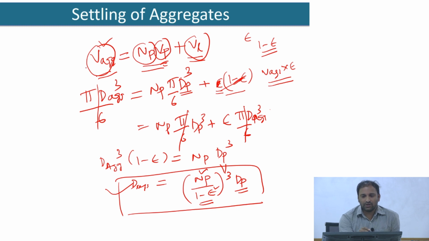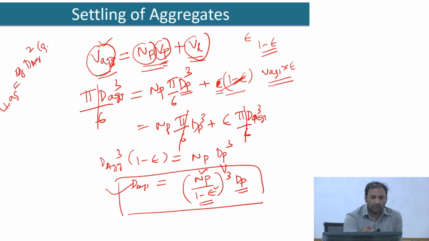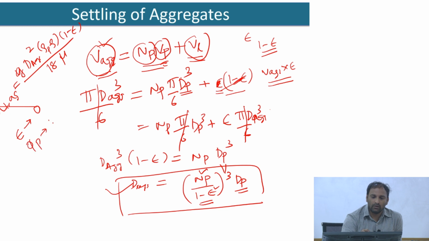Let's think about the limiting case. We just said that UT aggregate goes as g d aggregate squared into rho p minus rho into 1 minus epsilon divided by 18 mu, right. Now, what can you say about the limiting case of epsilon going to 0, or phi p going to 1?